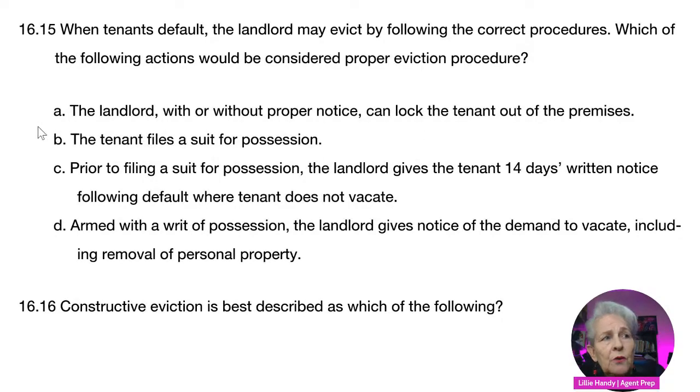A, the landlord, with or without proper notice, can lock the tenant out of the premises. Oops. B, the tenant files a suit for possession. C, prior to filing a suit for possession, the landlord gives the tenant 14 days written notice following default where tenant does not vacate. D, armed with a writ of possession, the landlord gives notice of the demand to vacate, including removal of personal property.